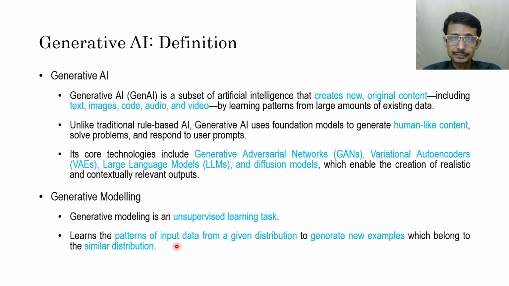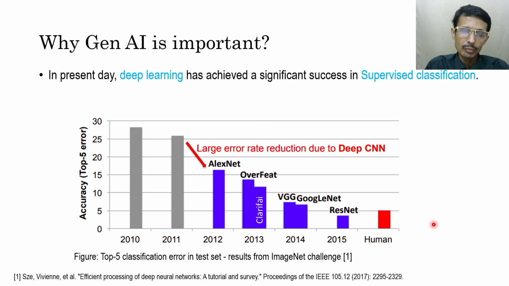Now, why is generative AI becoming very important in today's world? If we observe the recent literature, we can find that deep learning has achieved significant success in supervised classification.